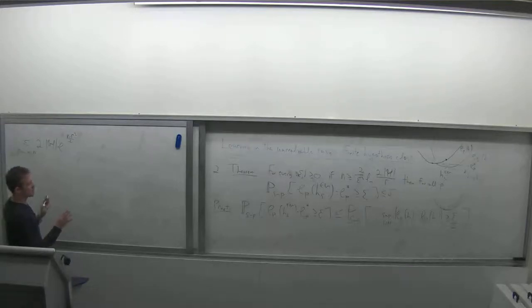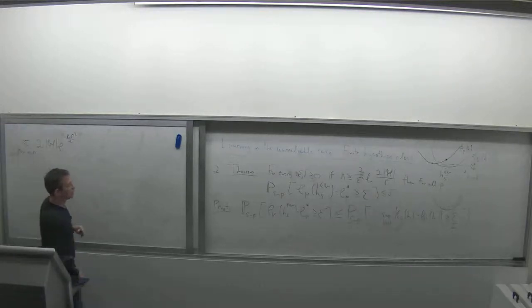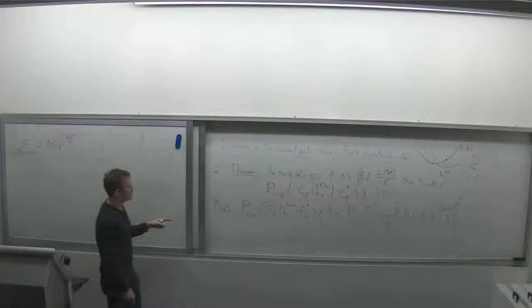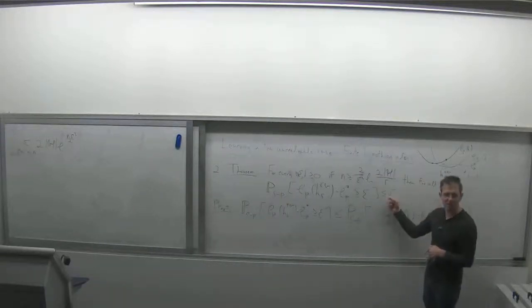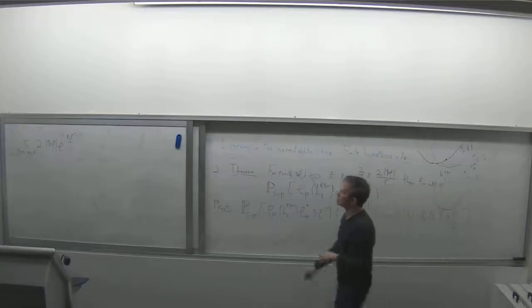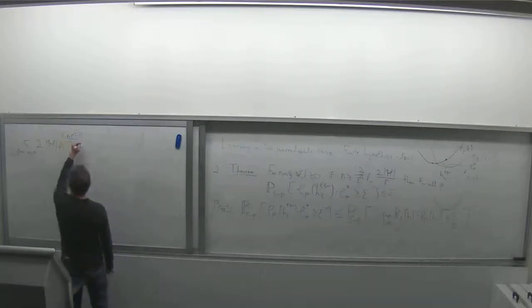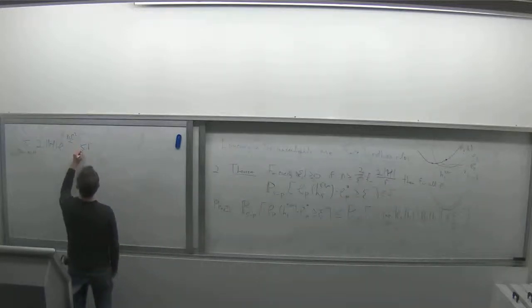All right. So this we know. And what do we want for this left-hand side? We want it to be less than delta, right? That is what we want.